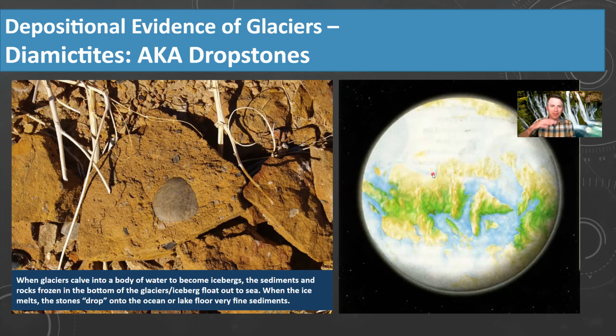And that was the time when we think the Earth was basically frozen over, except for a thin band around the tropics. And the reason we think that, and here's the evidence now, is that as these glaciers that were on these different continents 700 million years ago scraped rocks and things off, they got stuck in the ice, and when they broke off into icebergs into the ocean, these icebergs floated out into the warm tropical parts near the equator, and as they started melting, they would literally drop the pieces of rock that were stuck up inside of them and land in the soft muds of the seafloor.